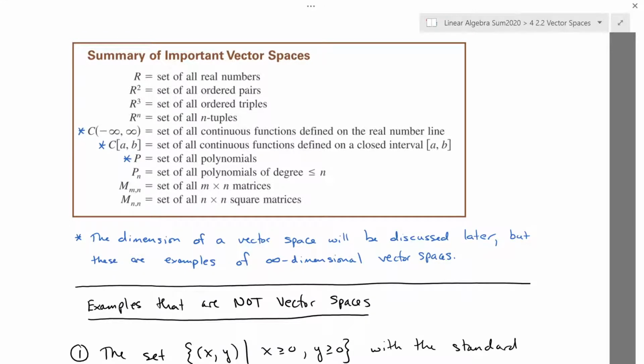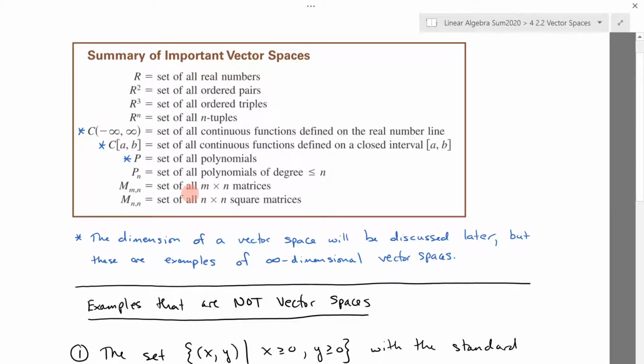So in terms of dimension, R is one-dimensional, R2 is two-dimensional, R3 is three-dimensional, Rn has dimension n, P sub n has dimension n plus 1, M sub m by n has dimension m times n, and this has dimension n times n.